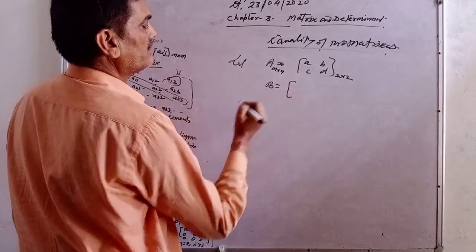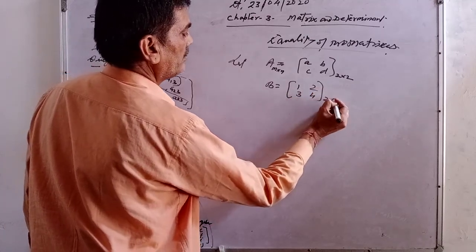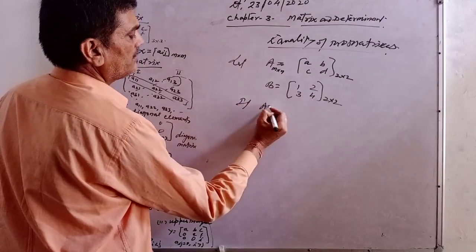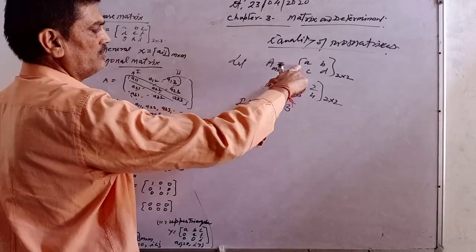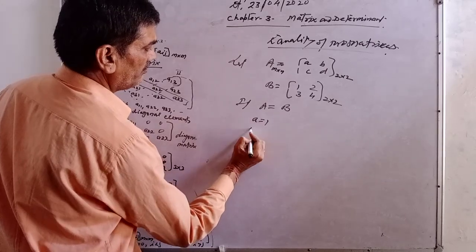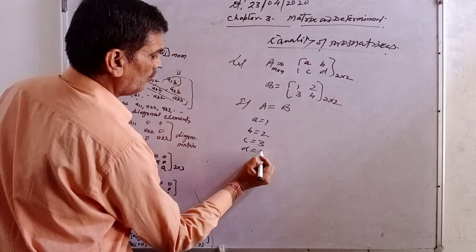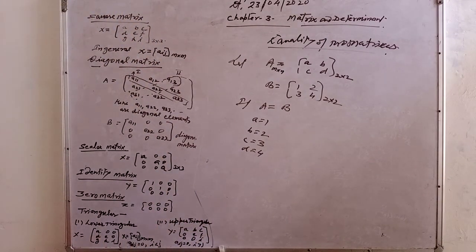B matrix is 1, 2, 3, 4. This is also 2 into 2, their order is the same. And if A is equal to B, then corresponding elements of A should be equal to the elements of B. Means a is equal to 1, b is equal to 2, c is equal to 3, d is equal to 4. Equality means their corresponding elements should be the same and they have the same order.